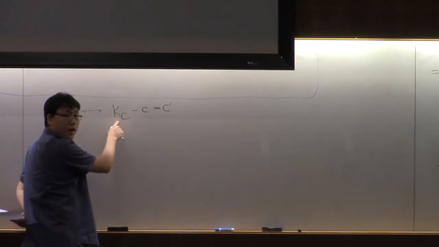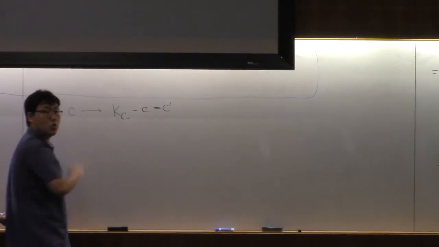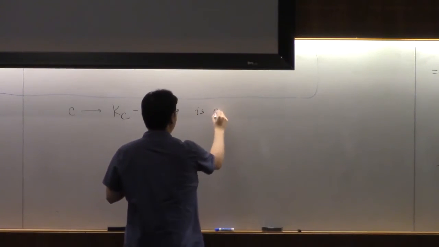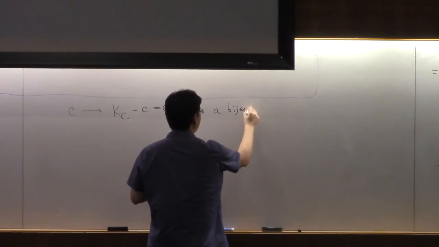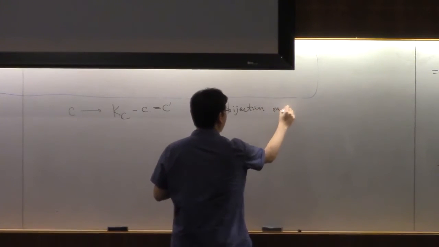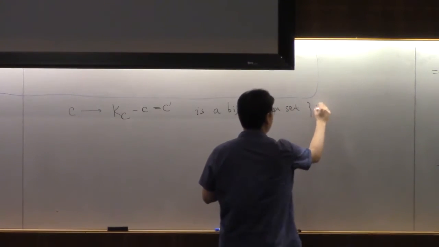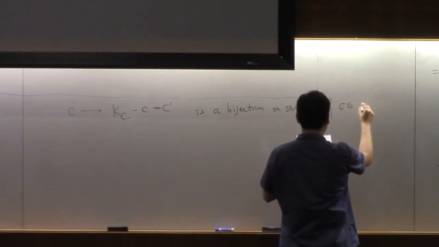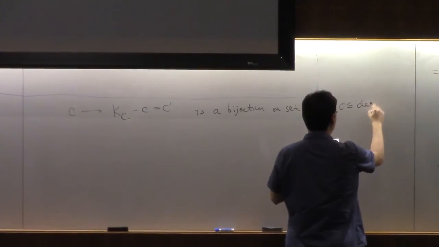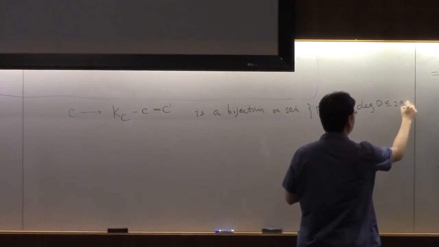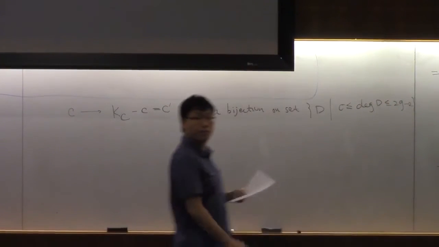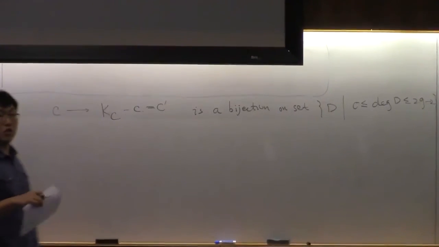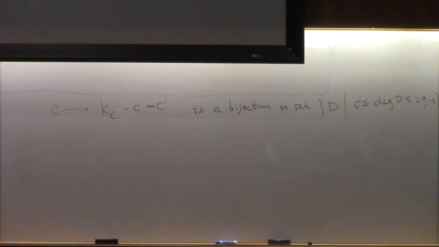Because the degree of the canonical divisor is 2g-2, this map is a bijection on the set of all the divisors whose degree is between 0 and 2g-2. Okay?